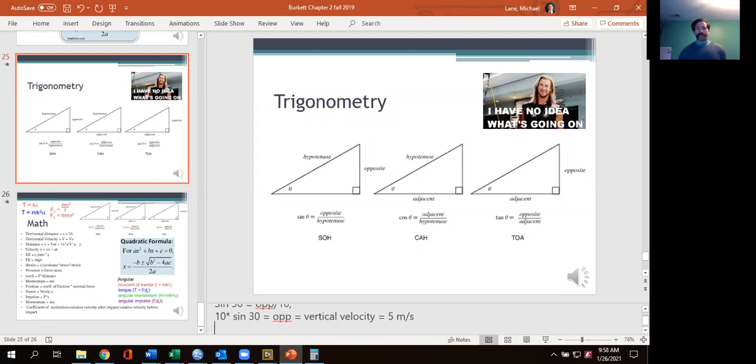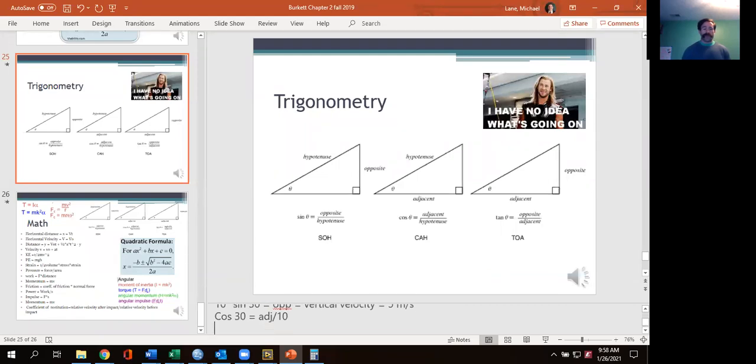So then let's go ahead and solve for the horizontal velocity. So that's going to be equal to, now the cosine of 30, okay, equals the adjacent divided by, once again, the hypotenuse. So in this example, it's going to be 10.